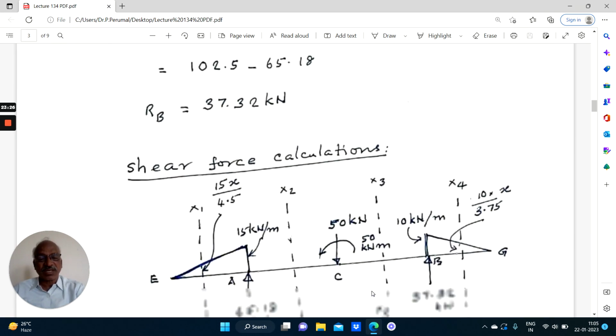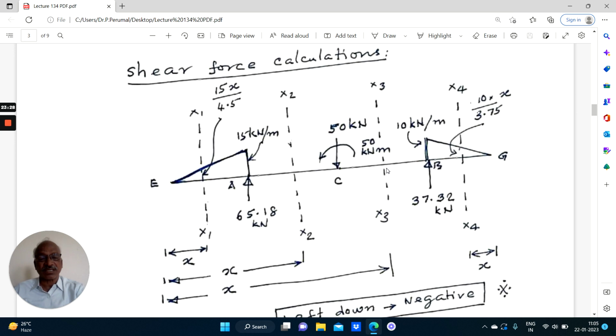Right. Now there is another point of contraflexure, in the portion CB. For CB, we can write down the equation considering all the forces to the left of the section x3, or it is easier if we consider the forces to the right of the section.